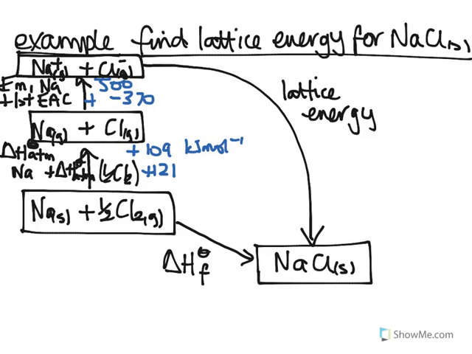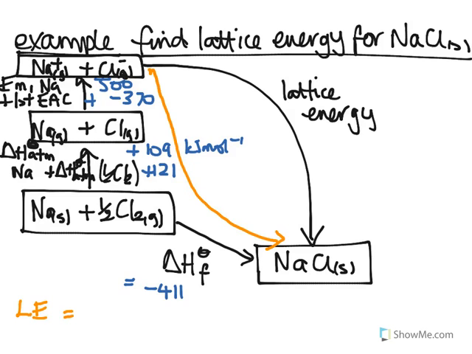And again, if we look up delta HF for sodium chloride, we find it is minus 411 kilojoules per mole. Now, since we're trying to find a lattice energy, which starts here, we can go direct, but that's what we're trying to find. So we can go around the energy cycle this way to use the energy changes that we know.